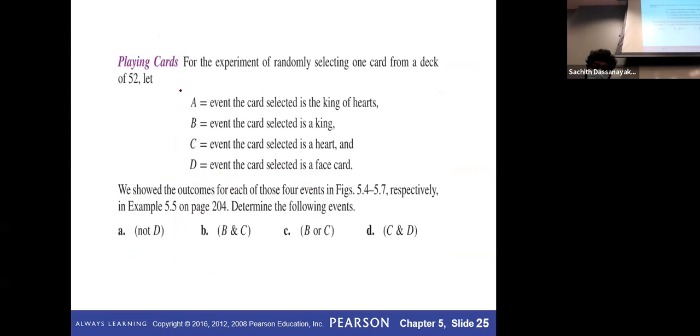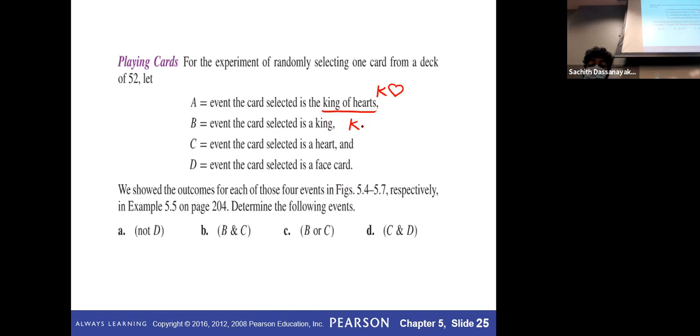So they have defined four events: A, B, C, D. Event A: the card selected is the king of hearts, so this should be K hearts. Event B: the card selected is a king. I'm writing the notations only, not the sample or event space, not the possibilities, just the symbols.